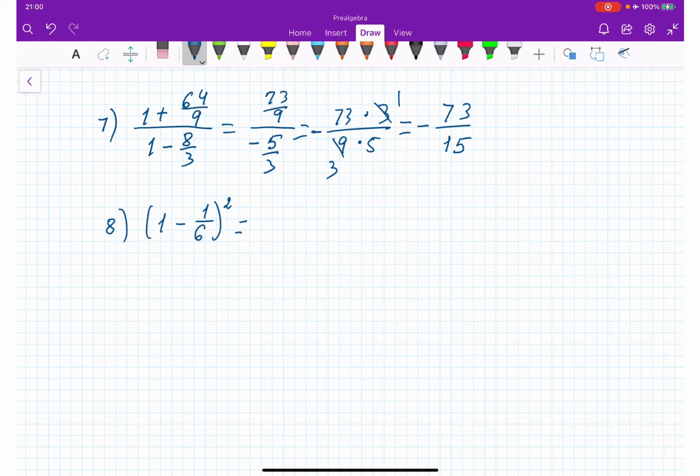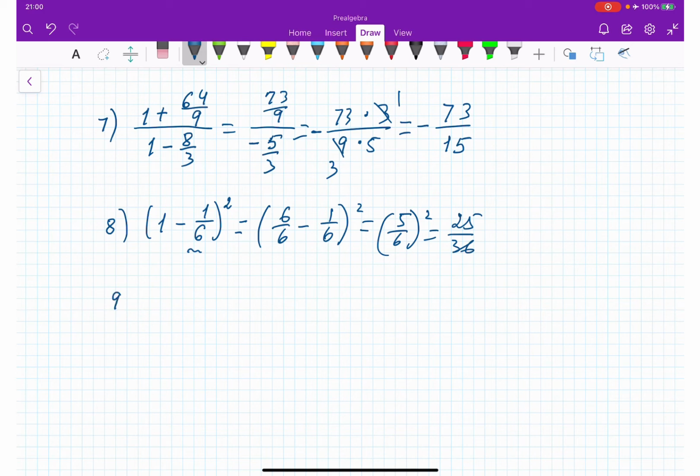So 1 minus 1 over 6: I'm representing 1 based on the denominator, so it's 6 over 6 minus 1 over 6, squared. Since the denominator is the same, 6 minus 1, I'm getting 5 over 6 squared. Result is 25 over 36.